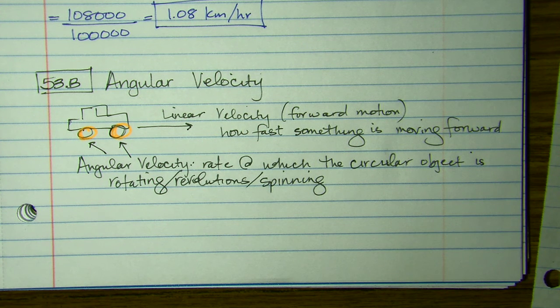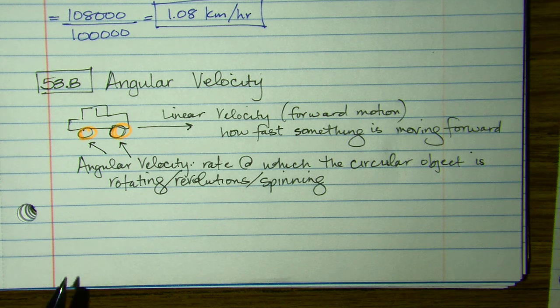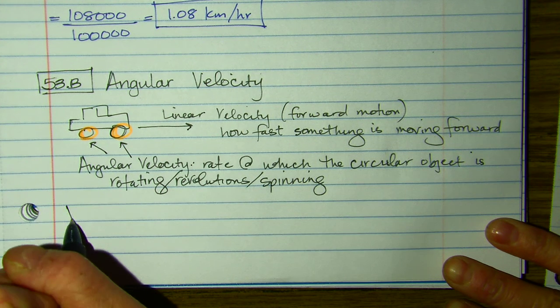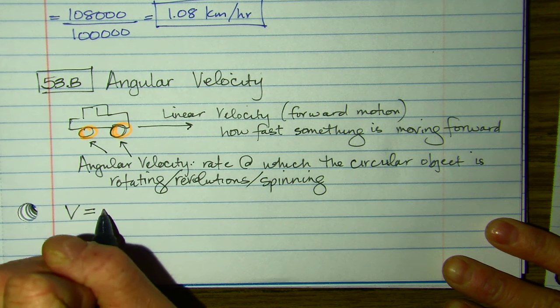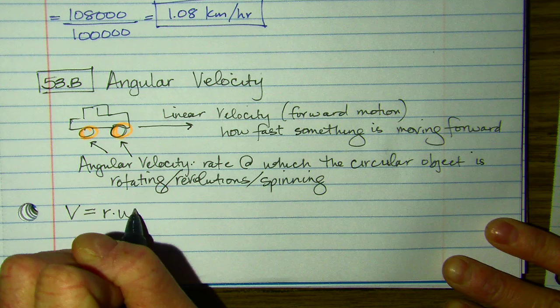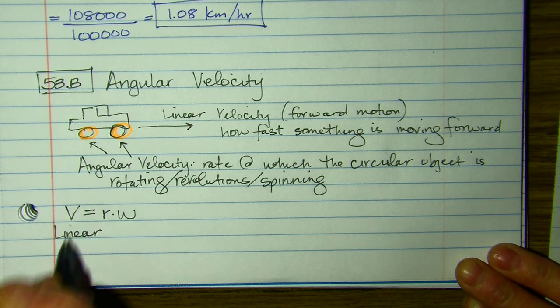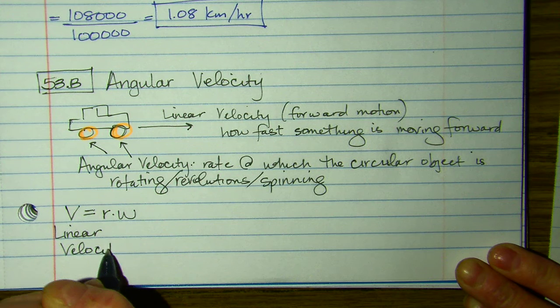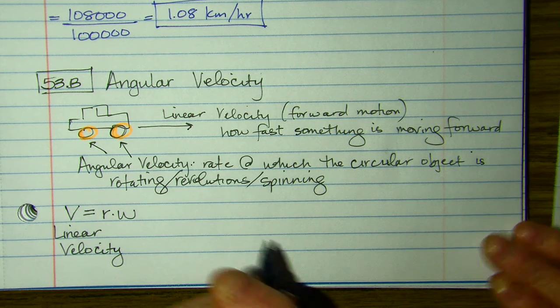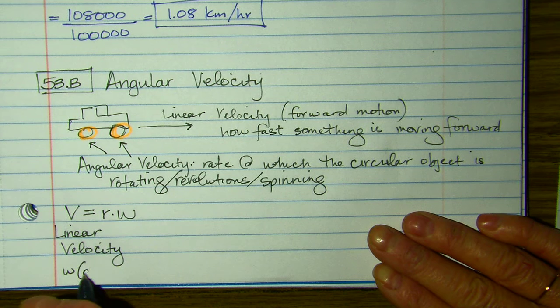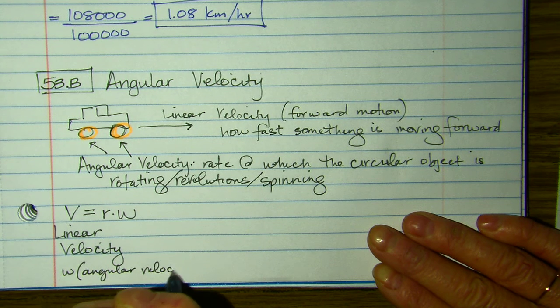So I'm going to go over the two formulas we're going to use, and we'll get into specifics in a second. Linear velocity is the following formula: your rate times angular. So this is your formula for linear velocity. Note that W represents your angular velocity.